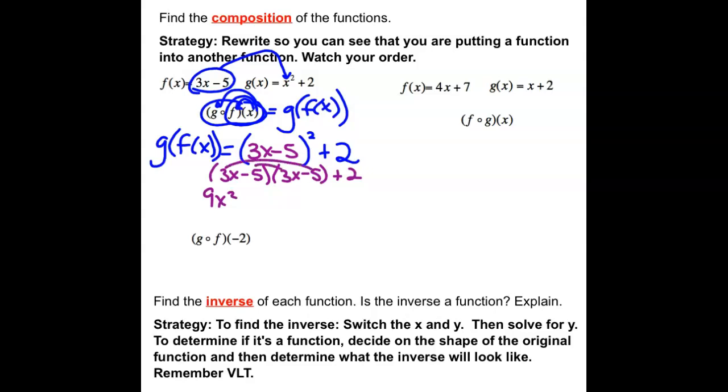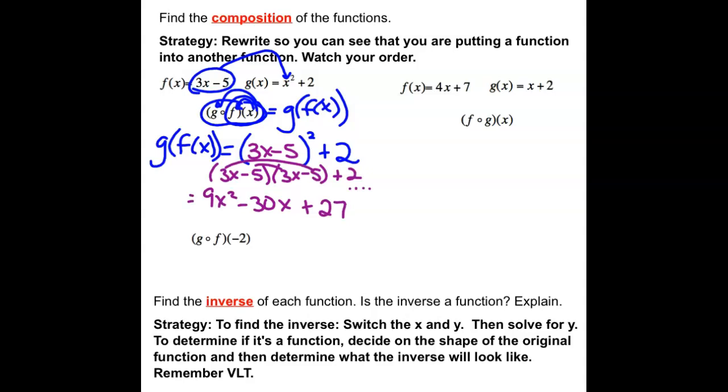Outsides and insides are both negative 15x, which gets us negative 30x. Our last term, negative 5 times negative 5 is 25, but we also have this negative 2 here, so we're actually going to end up with 27. Okay, so that is my composition.